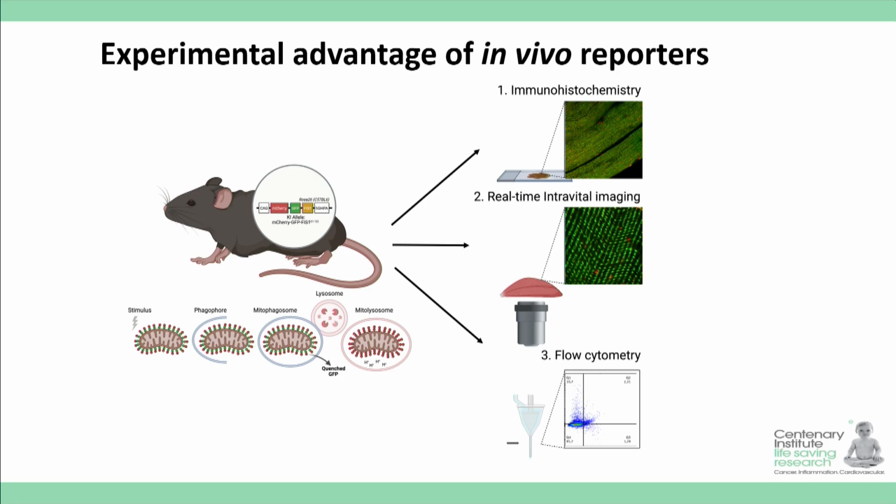So if you're there, why not? I'll show you some data around this, which I think is really quite exciting: we can measure mitophagy occurring in muscle in real time. And I'll talk a little bit at the end about some of the flow cytometry you can do, because now that we've got these inherently labeled mitochondria, we can sort for these and isolate fractions of mitophagy-specific mitochondria.